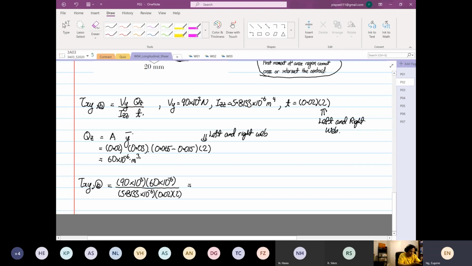Divided by 0.02 divided by 2. So it's equal to 23.222 times 10 to power 6 Pascal.